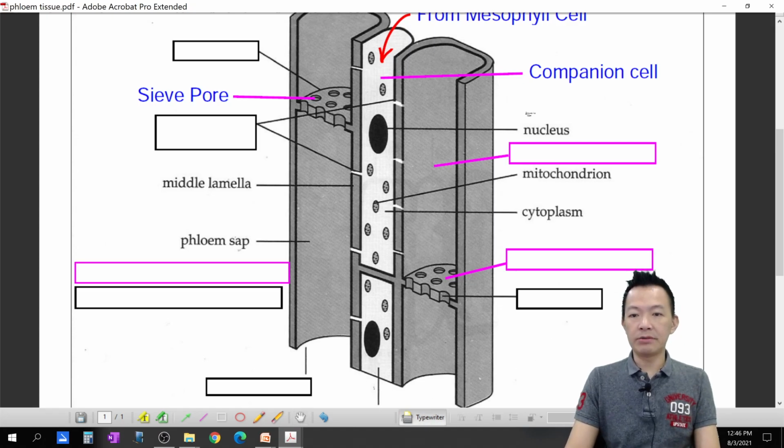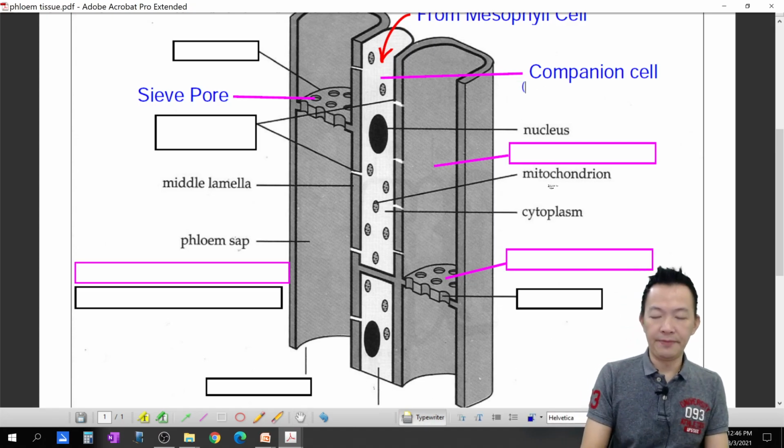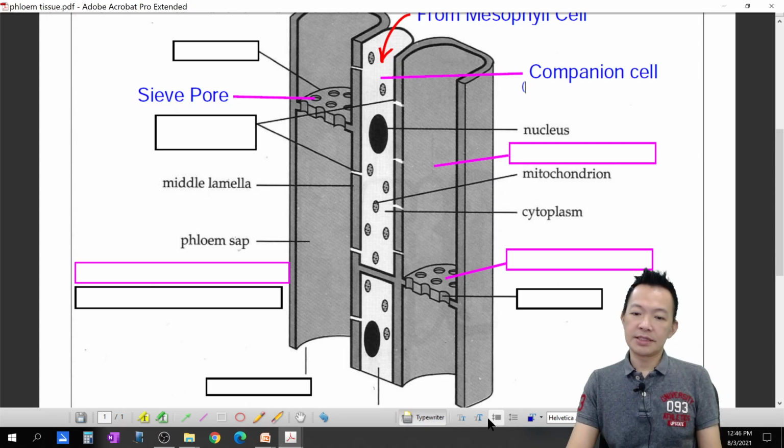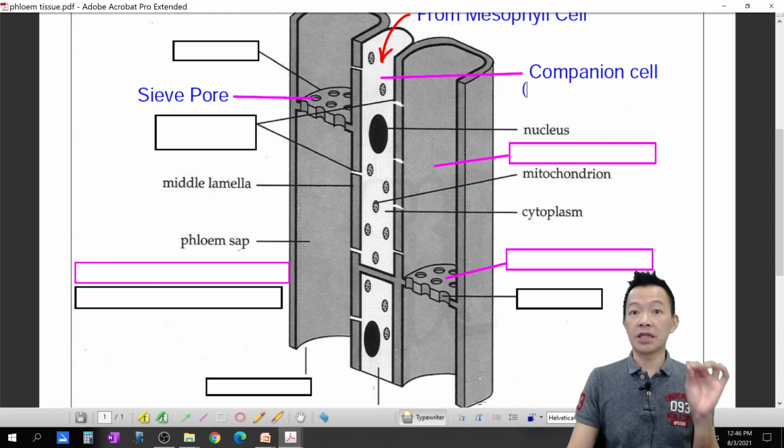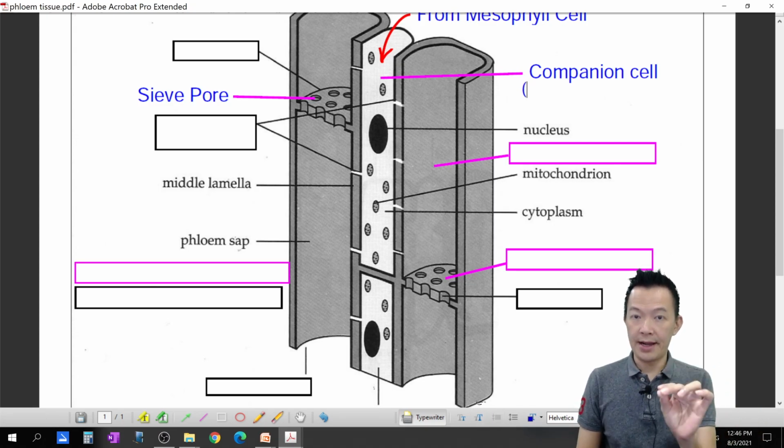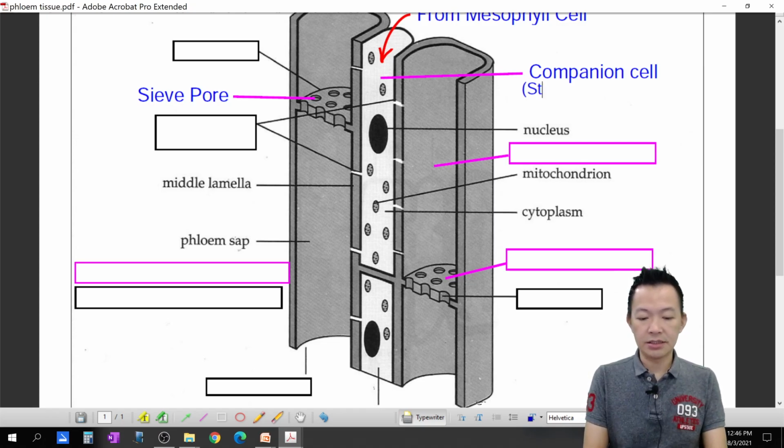Is there anything special about this companion cell? It has a dark organelle called mitochondria, and the mitochondria supply energy. The main function is to supply energy.